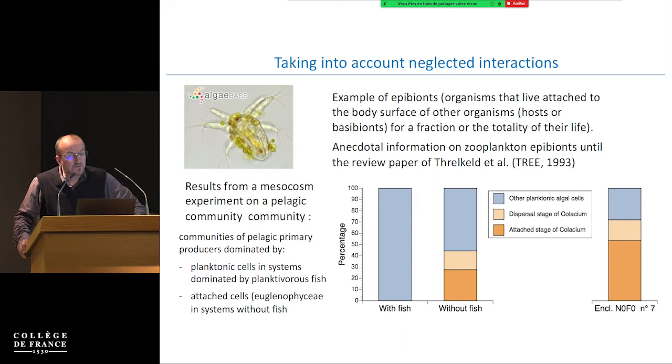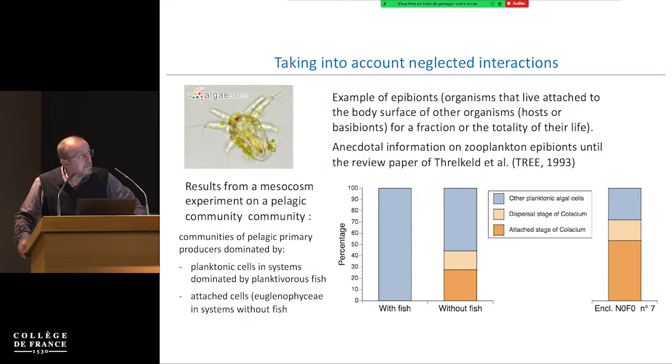But when you look at the results associated to the enclosures without fish, you can see that a large part of the primary producers live, in fact, attached to the zooplankton. And in most cases, they are ignored when people look at zooplankton-phytoplankton interaction.